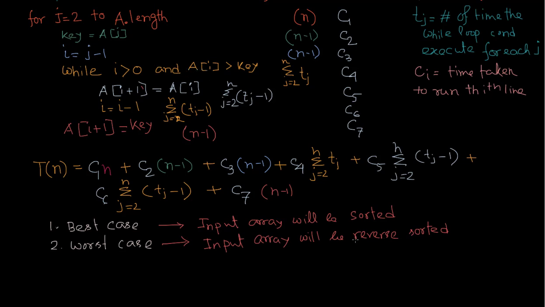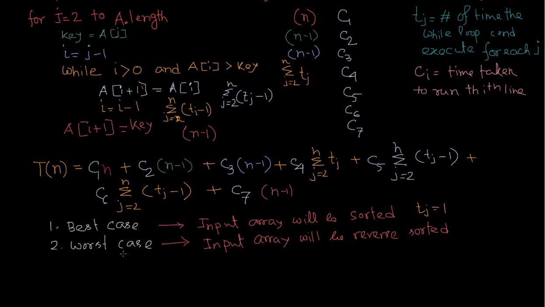In that case my tj will be 1. So in my best case scenario, only these conditions will run, nothing will run inside.